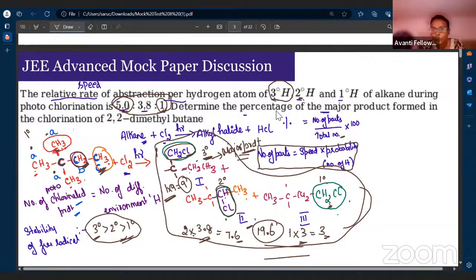So I'll write it as 9 by 19.6, and you'll get the answer as 45.92%. So this would be your answer. This is the percentage of major products.